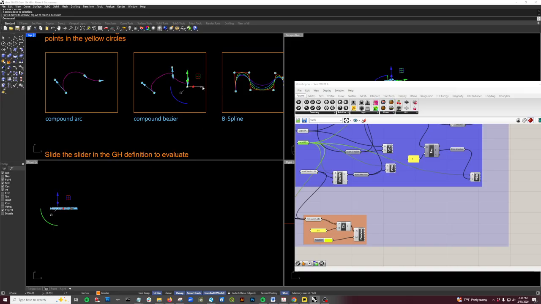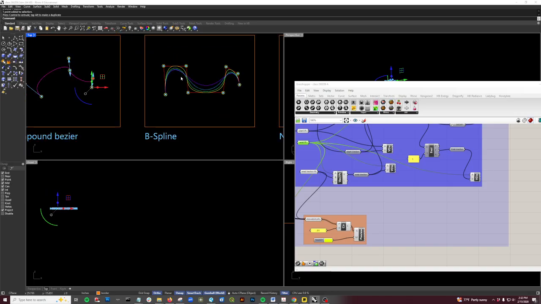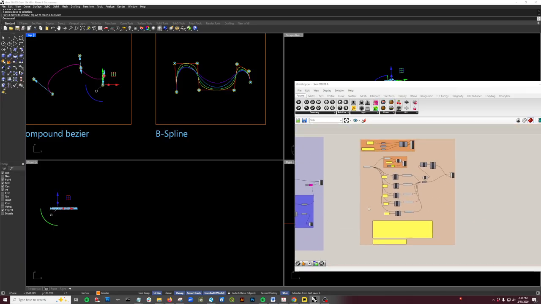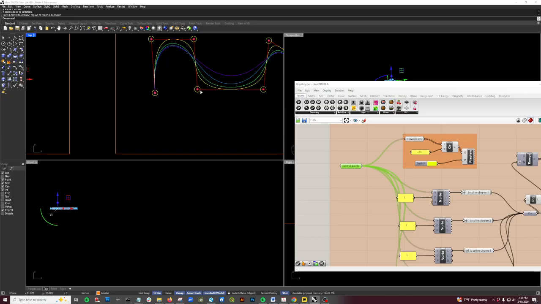So then the next thing that I'm demonstrating here is a B-spline, which is actually a generalization of a compound Bezier curve, except this B-spline is controlled by control points.